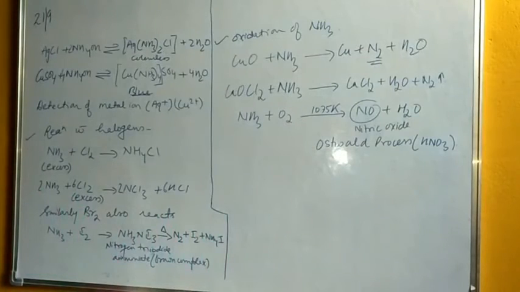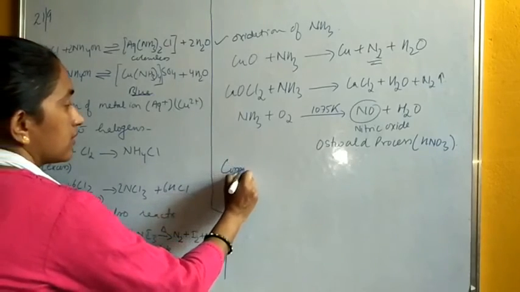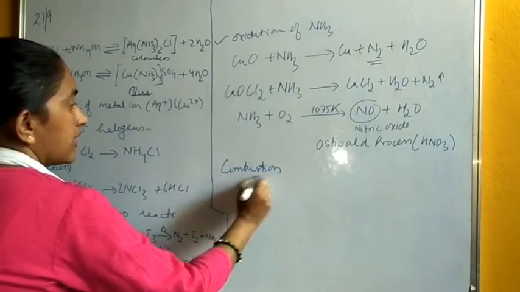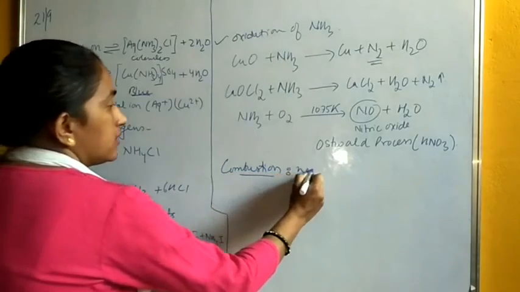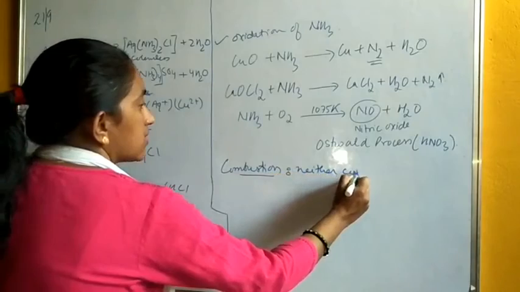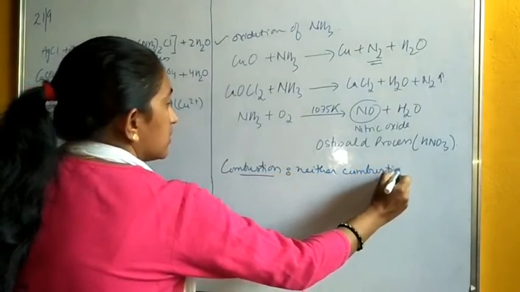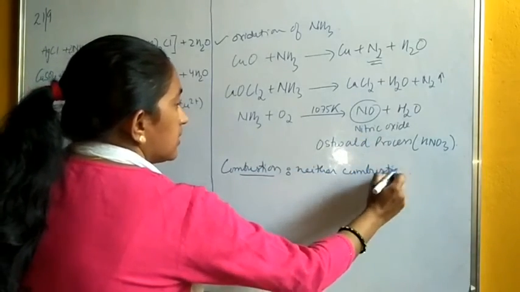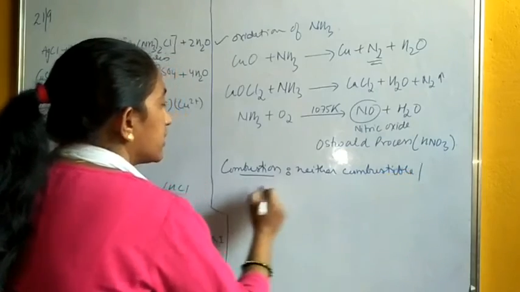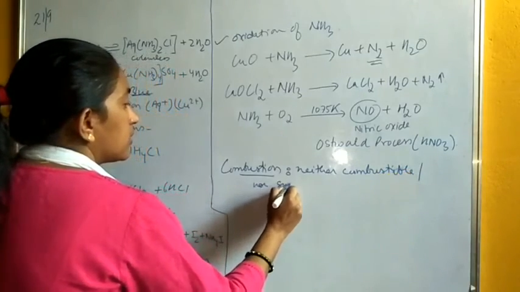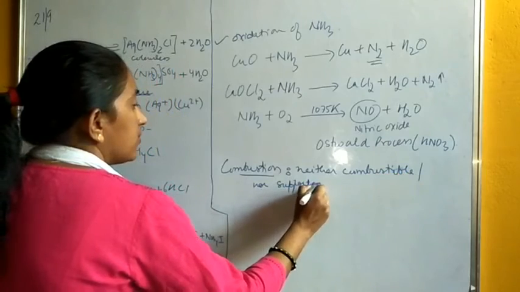Similarly, ammonia undergoes combustion, but it is neither combustible nor a supporter of combustion, but it burns in the presence of oxygen to form nitrogen and water. So next is, it is neither combustible by itself, nor a supporter of combustion.